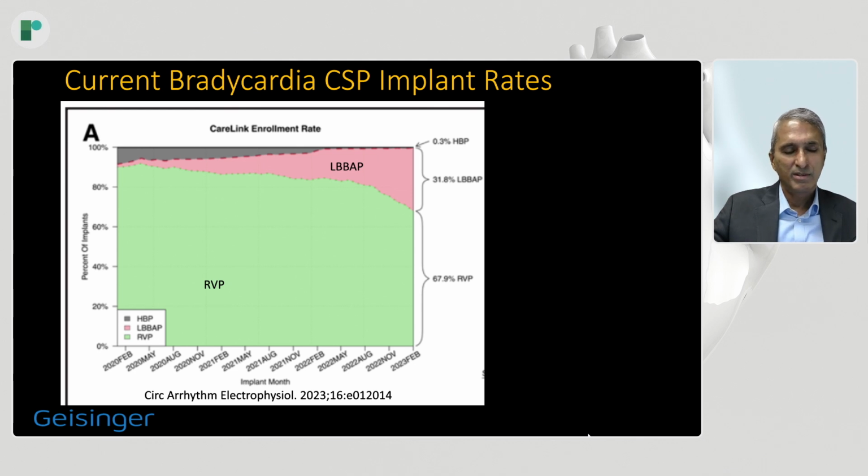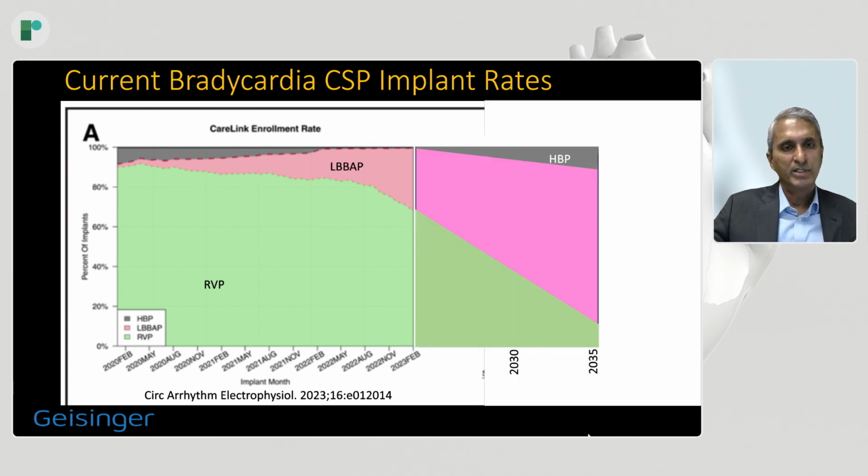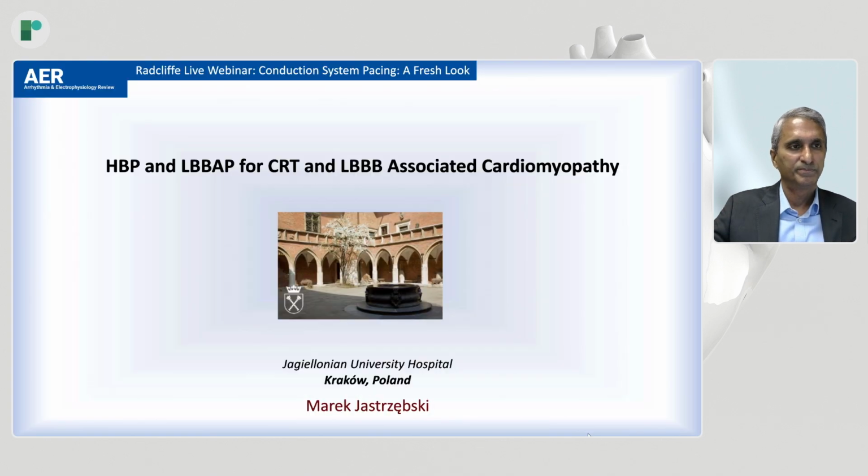But with the upcoming new changes in lead technology and delivery sheath, we can predict that conduction system pacing, using either his bundle or left bundle branch area pacing, will significantly outpace traditional RV pacing, such that it can push RV pacing out of our pacing armamentarium. It's a possibility that we may have leadless conduction system pacing within the next decade.